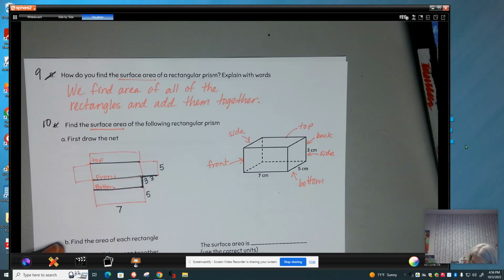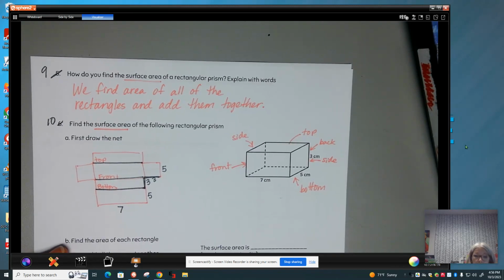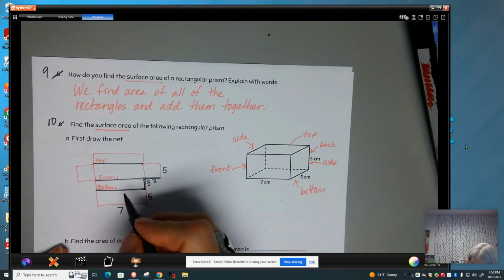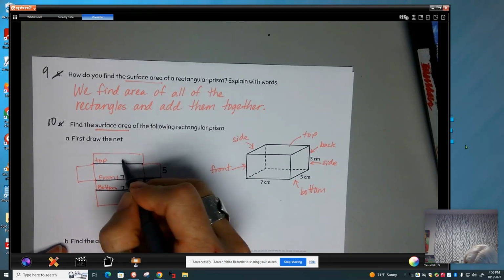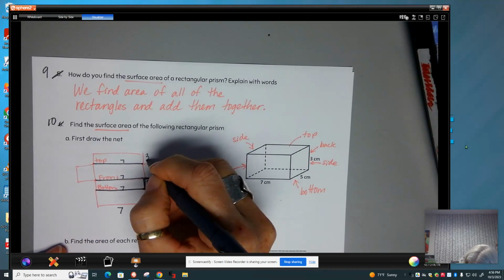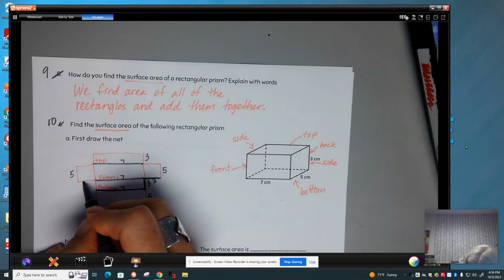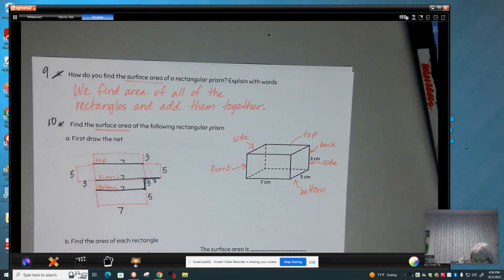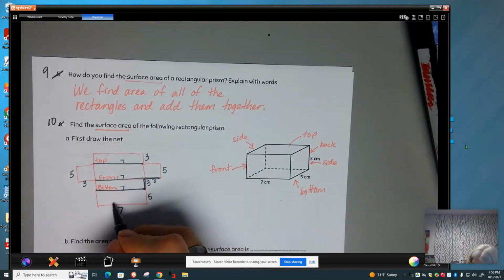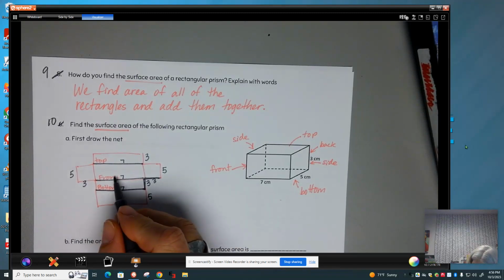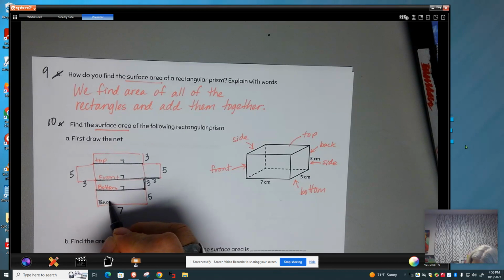Go ahead and put the rest of the numbers on there, and then find the area of each of those pieces. So this, that's the front, that's the back. I forgot to label it.